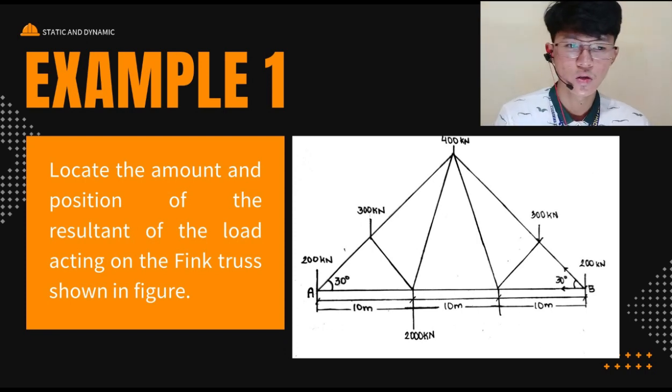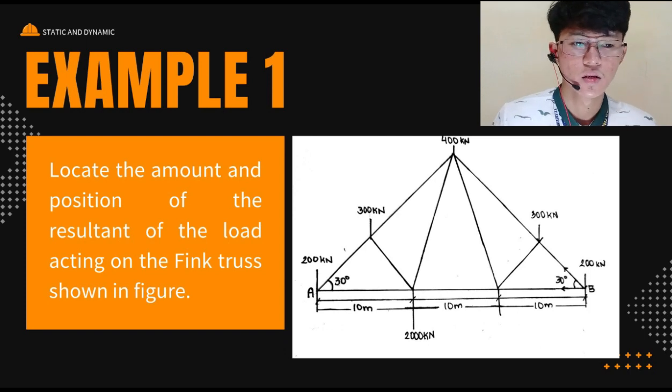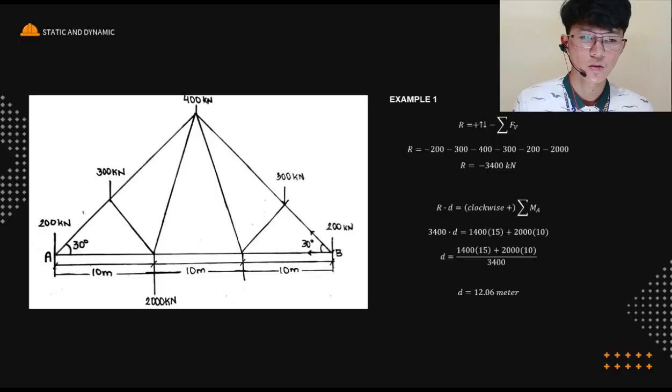So, for our solution, gagamitin ulit natin para makuha yung resultant is R equals the summation of F vertical, dahil vertical lang naman lahat ng ating forces. So, positive ulit pag pataas and negative pag pababa.